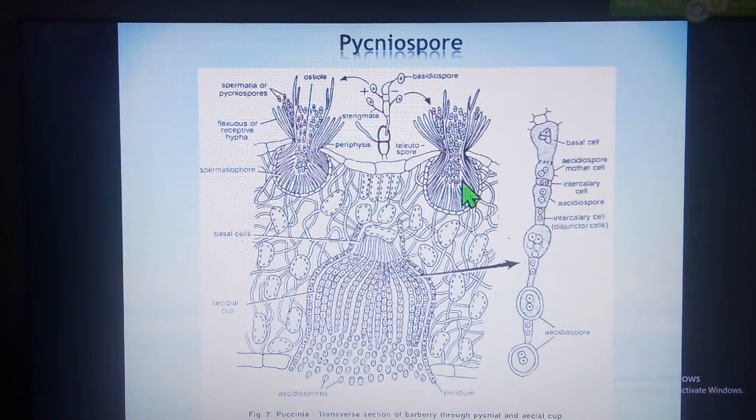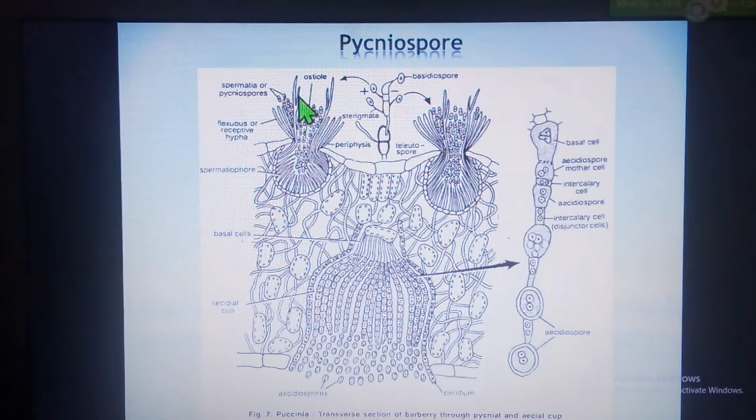Now the pycnium has a small sterile mycelium on the neck. On this neck part, it has small sterile hyphae called the periphyses. Now these periphyses intermingle with much larger thin-walled, simple and branched receptive or flexuous hyphae.